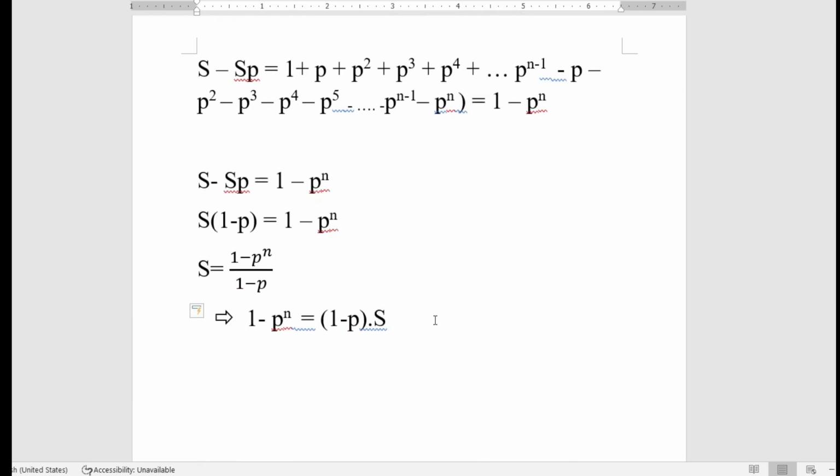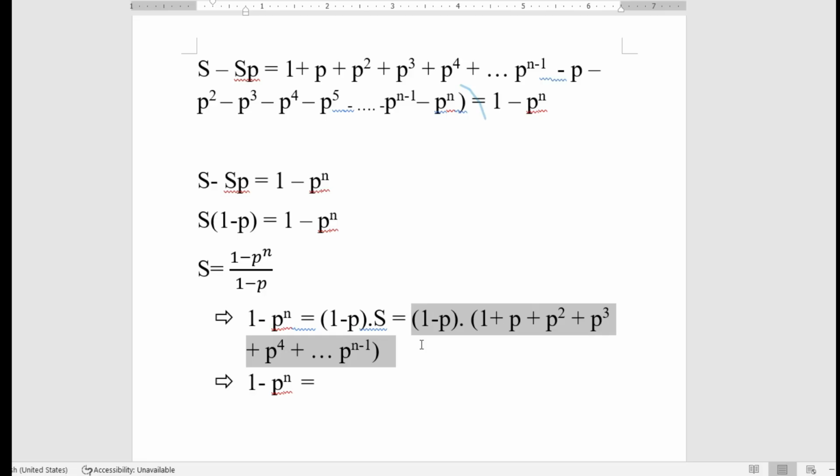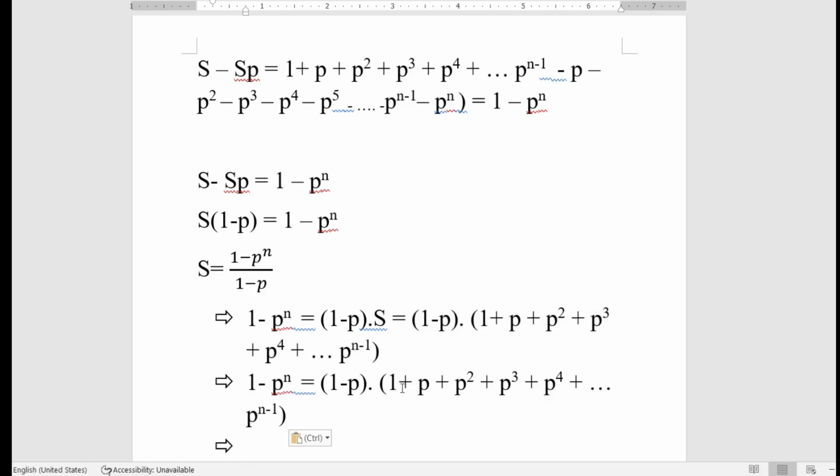Okay, and this variable 1 minus b, you have open bracket and close bracket. And then you just need to copy it and you can prove it, right? Which means 1 minus b to the power of n equals 1 minus b times the sum.